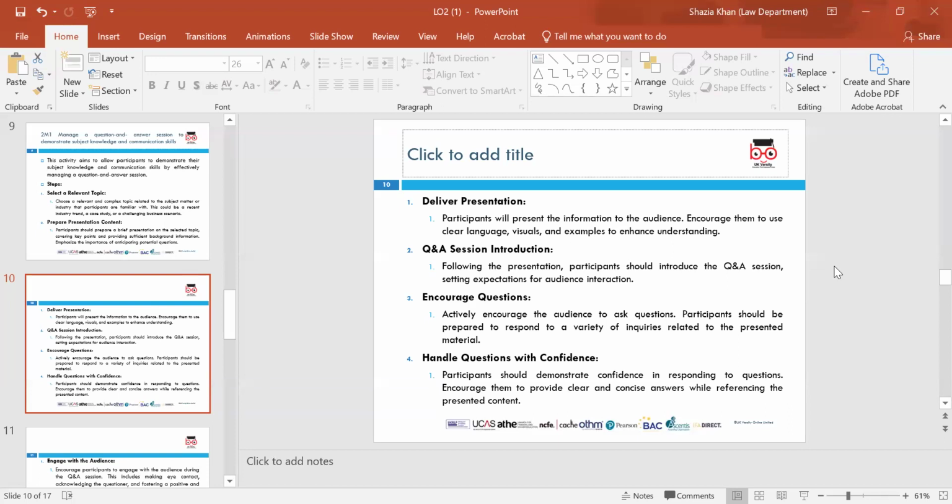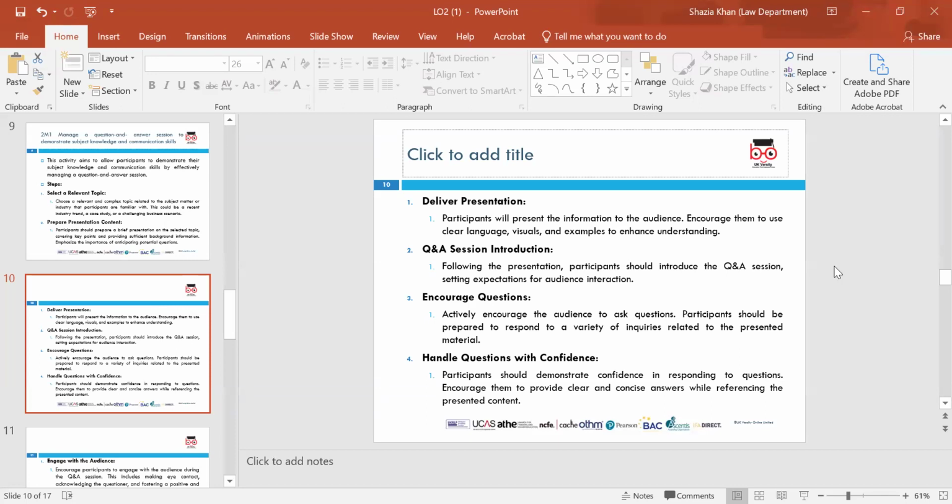You should encourage questions. So here you would actively encourage the audience to ask questions. You should be prepared to respond to a variety of inquiries relating to your topic area and what you have presented. Okay, so this will be all part of your assignment.